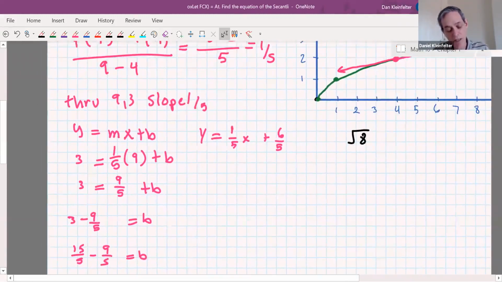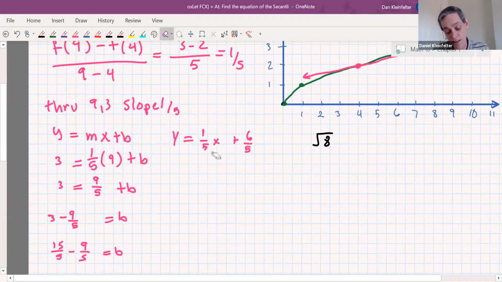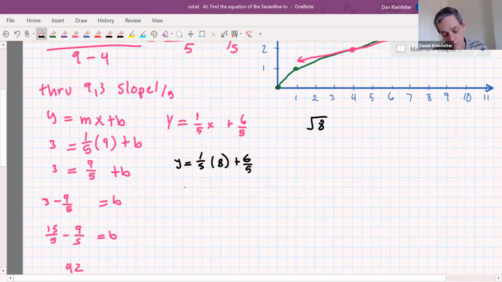Our slope of our secant line is 1/5, and our y-intercept turned out to be 6/5, which is a lot better. So now, if we want to use this secant line to approximate the square root of 8, we'll have 1/5 x, here our x is 8, and we're substituting it into this equation and calculating a value for y.